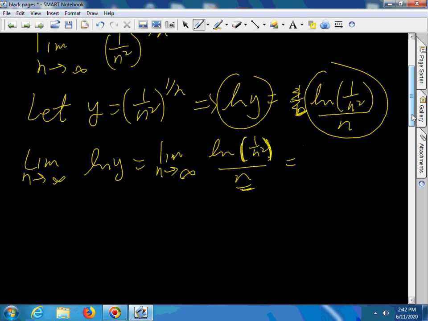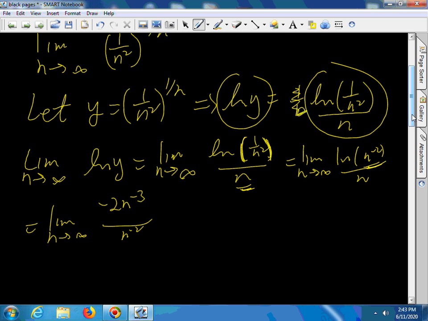Now, in anticipation of that, I'll write 1 over n squared as n to the negative 2 over n. So this is the limit as n goes to infinity. The derivative of ln of anything, you put the anything in the bottom and its derivative on top. That's the derivative of the numerator divided by the derivative of the denominator, which is 1.